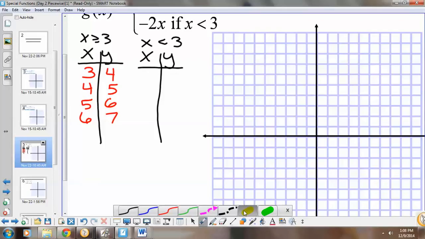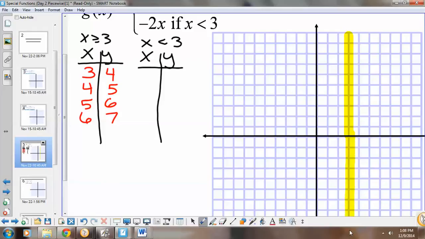So where's our vertical line going to be? At 3. Go ahead and plot. When we plot that first point, that first endpoint, we'll use an open or closed circle.